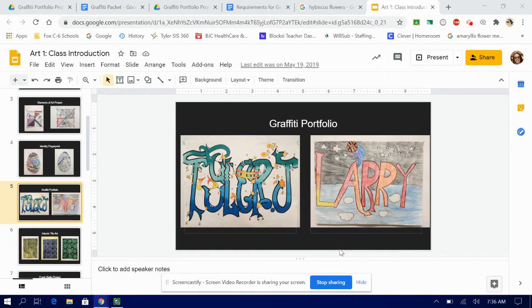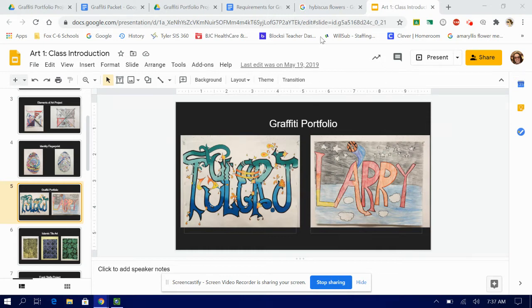Normal markers will not blend like that. That is a special type of marker. You can't use markers on this project because one of the required criteria is that you're able to blend colors. So the only way you could use markers is if you had your own alcohol ink markers to do the blending. Otherwise, it's colored pencils.